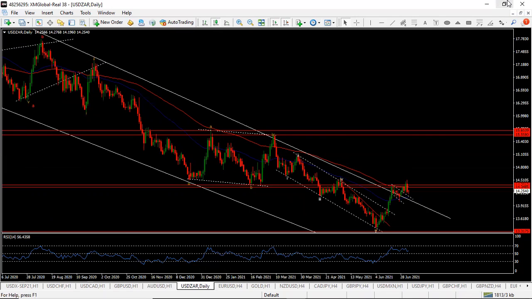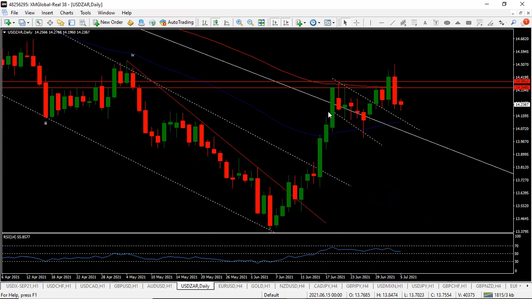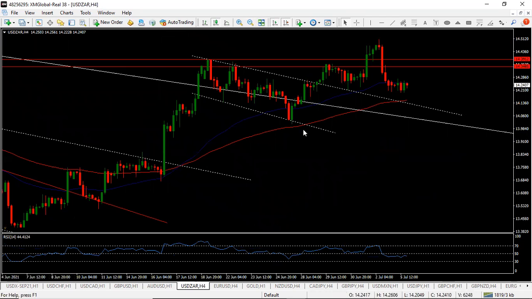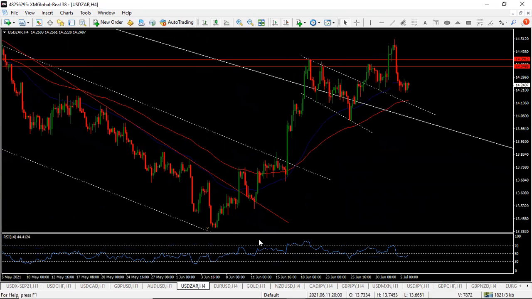They managed to break out that channel here. So now they are retesting. That's what we want to see now. So this was a constructive movement, 1, 2, 3, 4, and now they are doing 5.